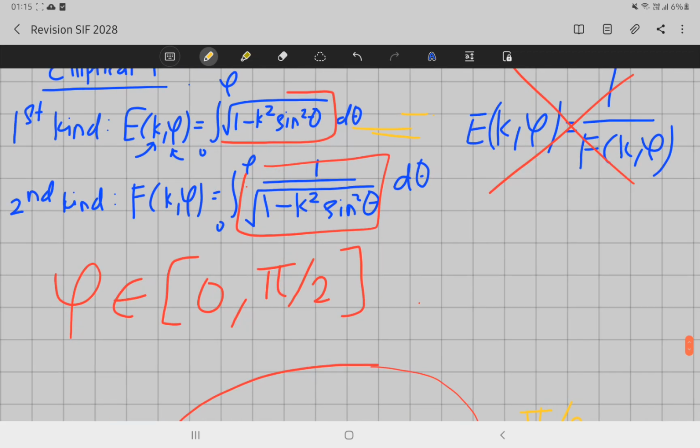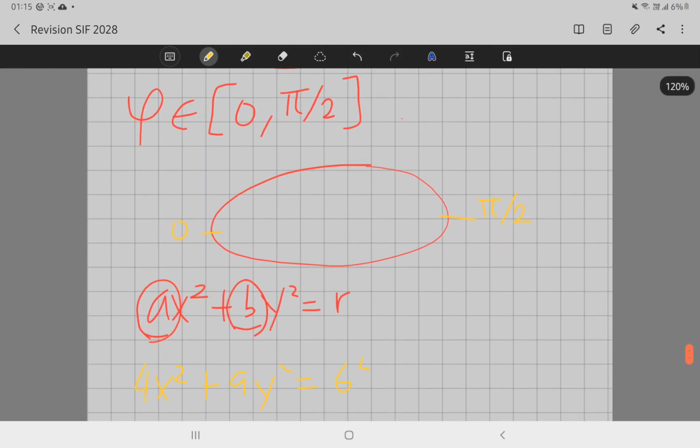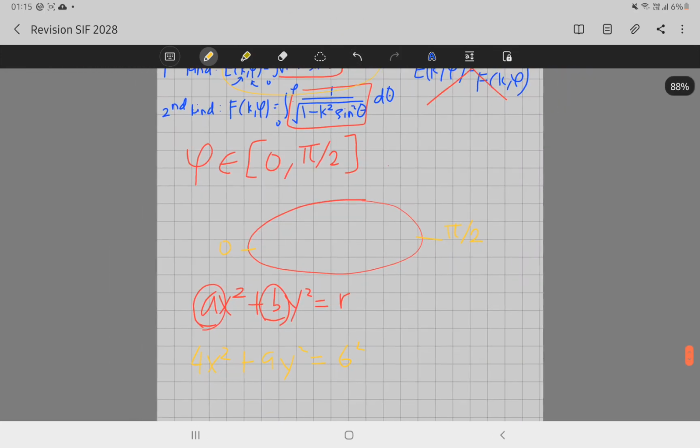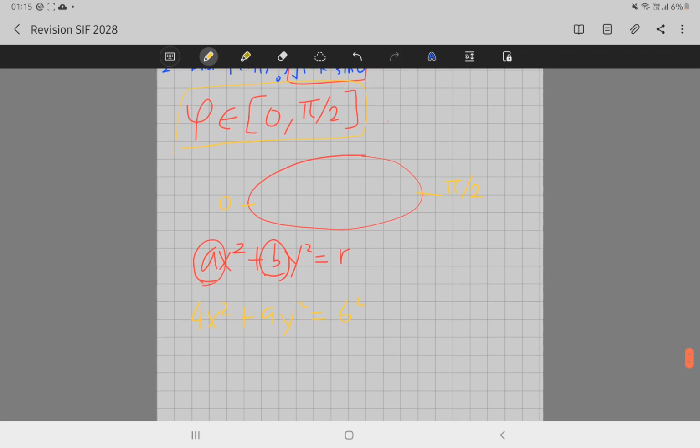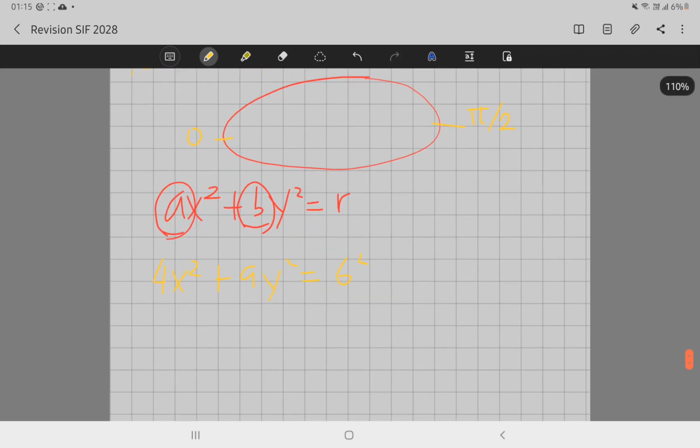You integrate from 0 to pi over 2, because the limit is from 0 to pi over 2 and it cannot be more than that. It can be less, for example 0 to pi over 4 or 0 to pi over 3, but it cannot be from 0 to pi because that's out of range.